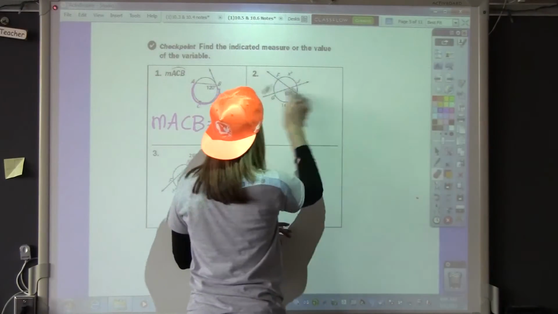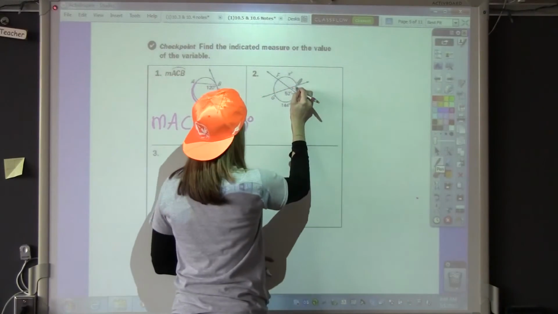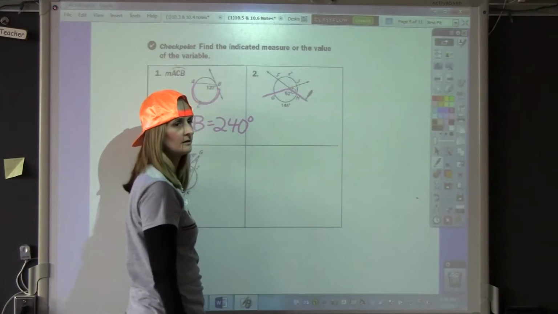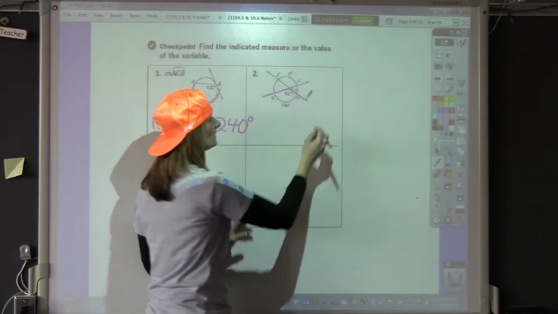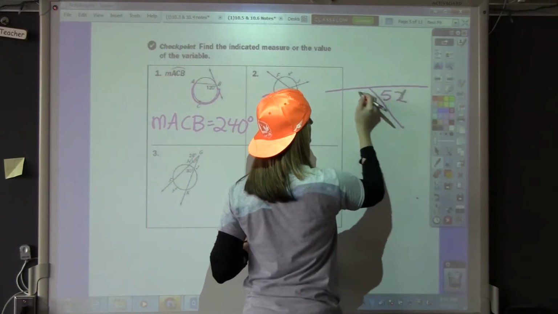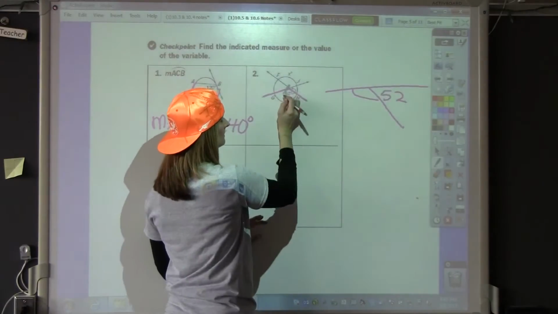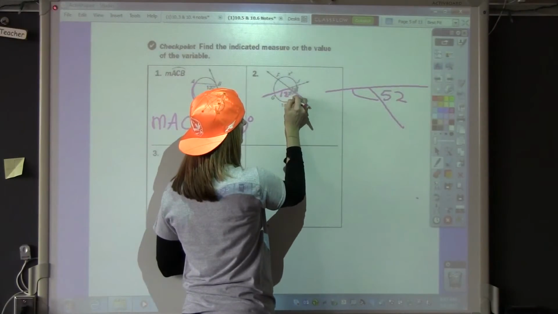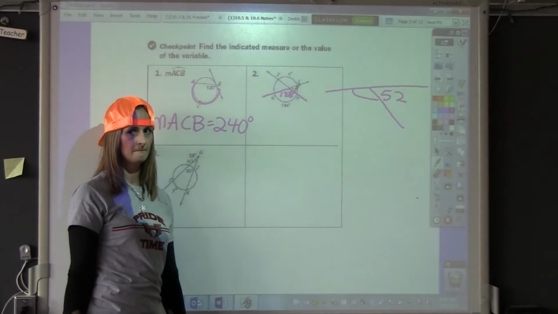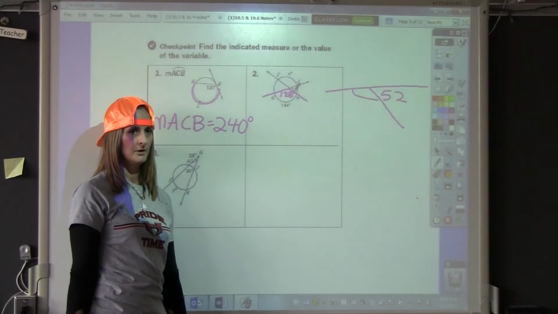This angle is 52. What does the measure of this angle have to be? 128. Let me draw that right here. Are you guys okay with that? Okay, why do we need that?